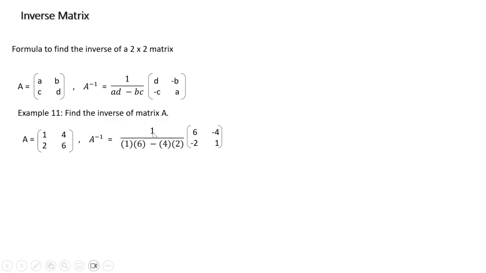Now, if you notice, it'll be 6 minus 8, which will give us negative 1/2. So you multiply that negative 1/2 times the 6, negative 4, negative 2, and 1. If we do that, it's going to give us what? Negative 3, positive 2, positive 1, and negative 1/2. Here's my solution. Here's my inverse.